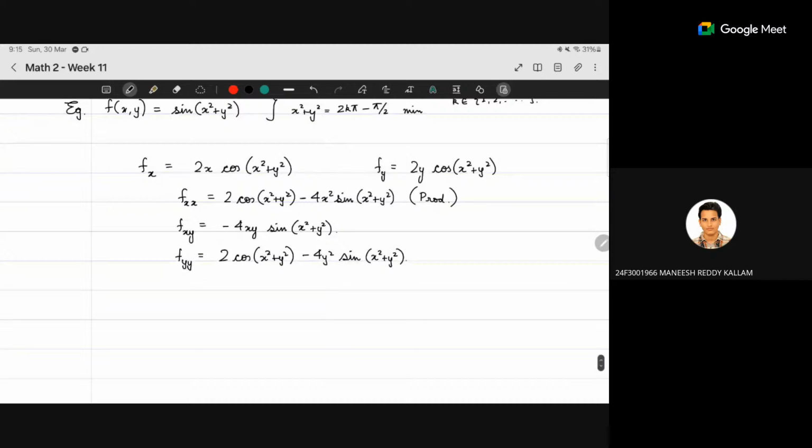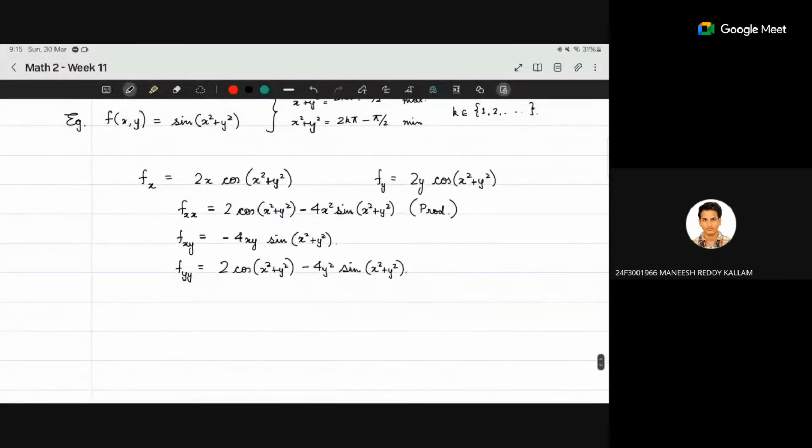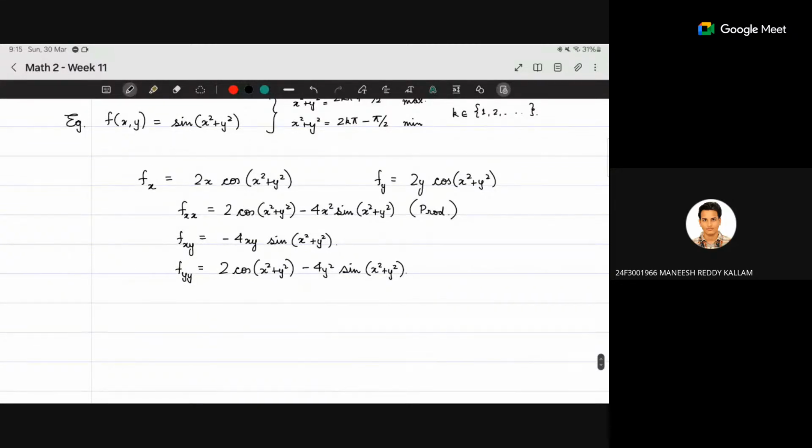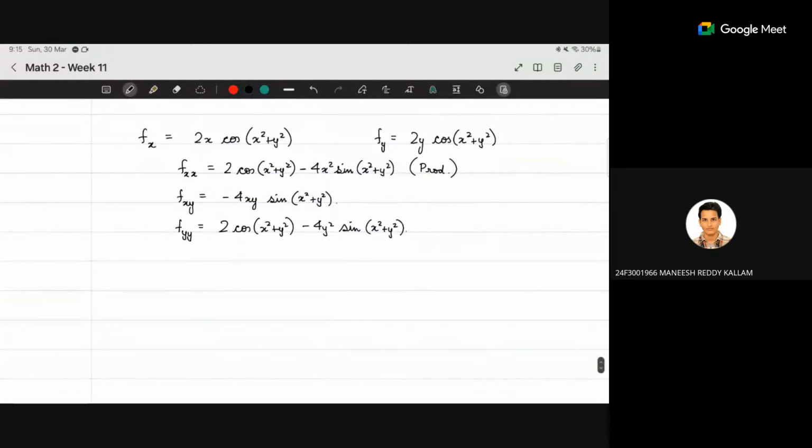Now the Hessian matrix in general looks scary, but we don't need to compute it in general. All we need to do is evaluate it at critical points. What are the critical points? I need f_x equal to 0, which is 2x times cos of x square plus y square equal to 0, and f_y equal to 0, which is 2y times cos of x square plus y square equal to 0.